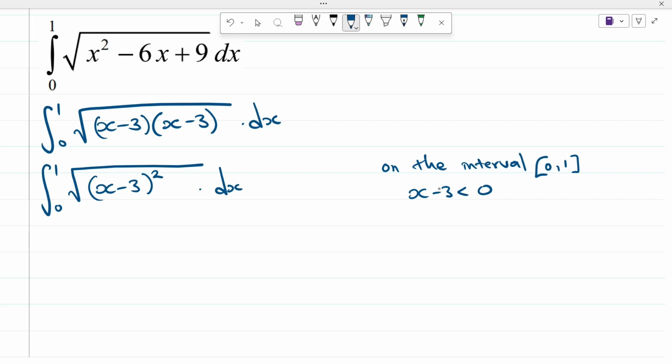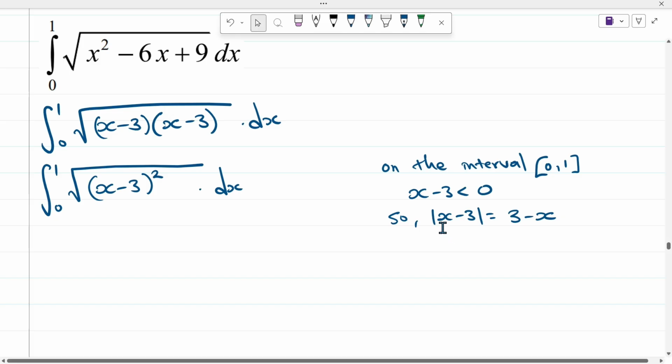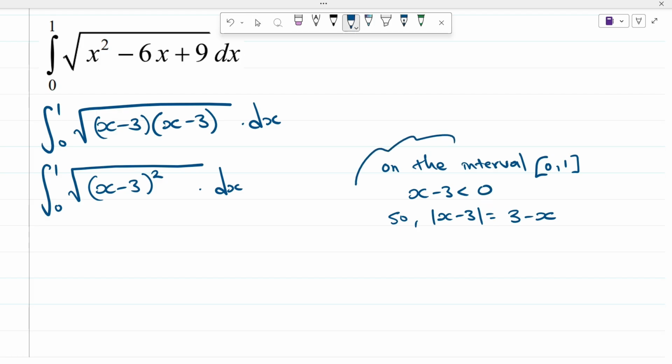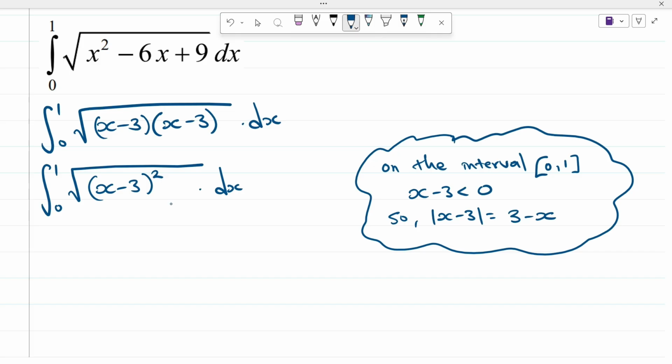Therefore we need to take the absolute value of x minus 3 there. So this is going to be equal to 3 minus x, because the absolute value always gives a positive number. So we need to take the positive one there because on the interval x minus 3 itself is less than 0. You understand? I hope you understand this trick.